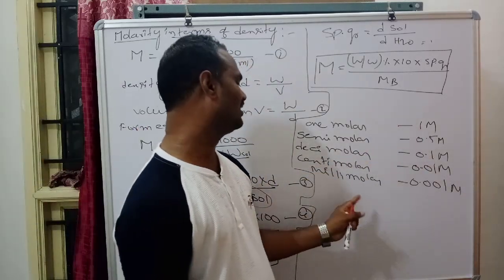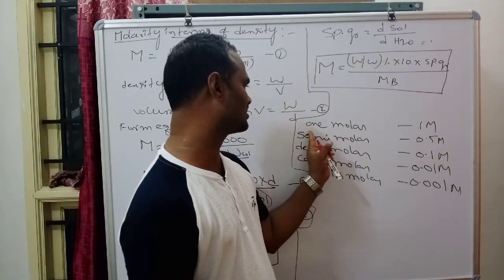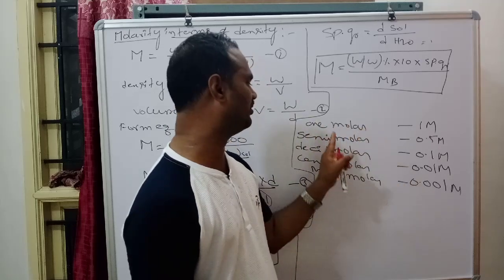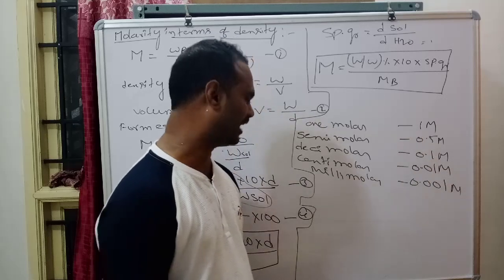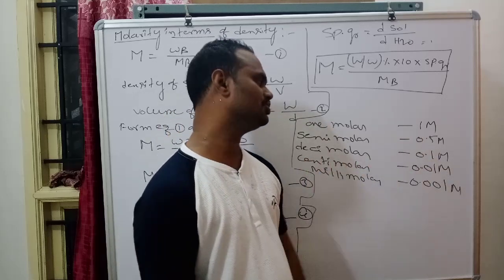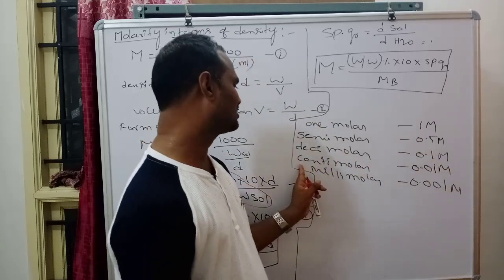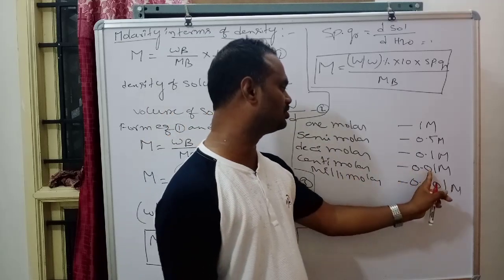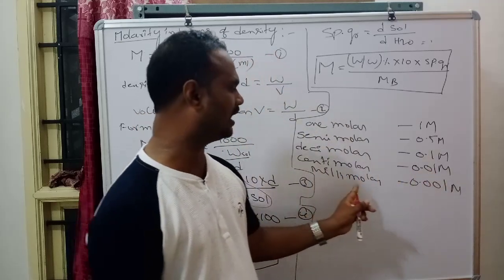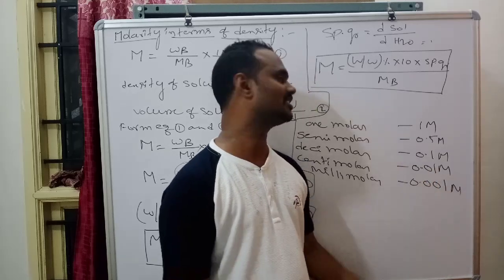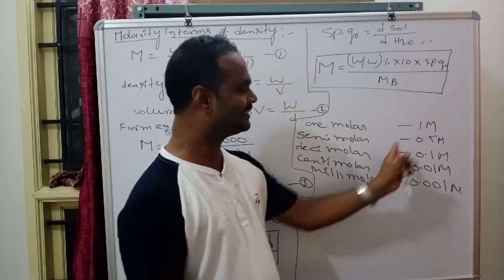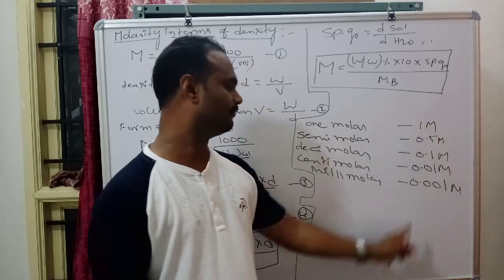You should remember if these names are given. Once again, 1 molar or simply molar means 1 M. Semimolar 0.5 M. Decimolar 0.1 M. Centimolar 0.01 M. Millimolar 0.001 M. These are the different terms we are using instead of molarity values.